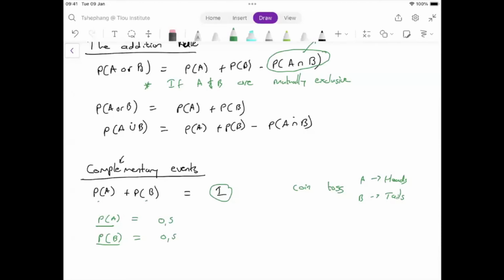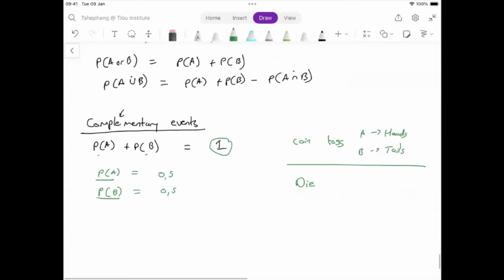Let me think of another example. Maybe let's look at the die. So with the die, getting even numbers, we're going to get 2, 4, and 6. Odd numbers, we're going to get 1, 3, and 5.